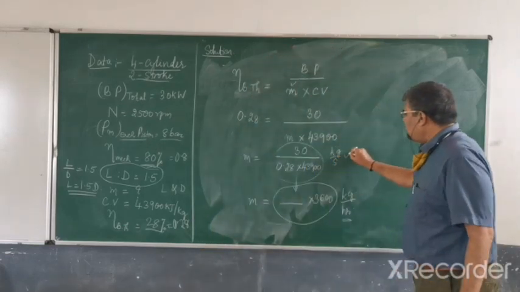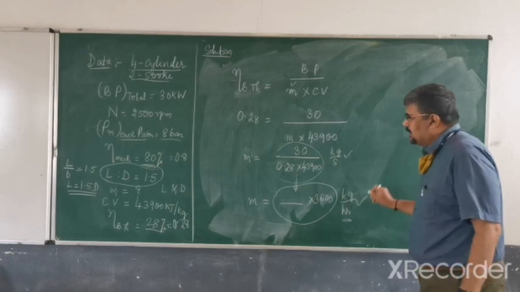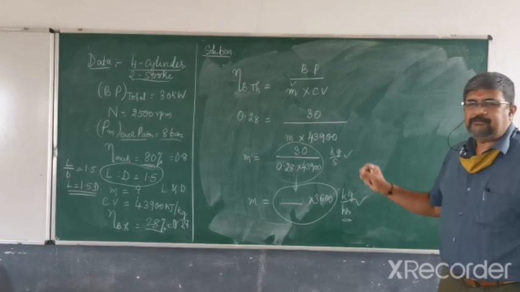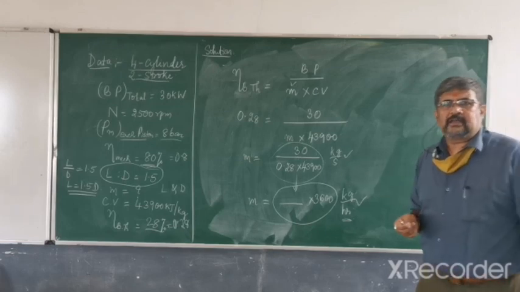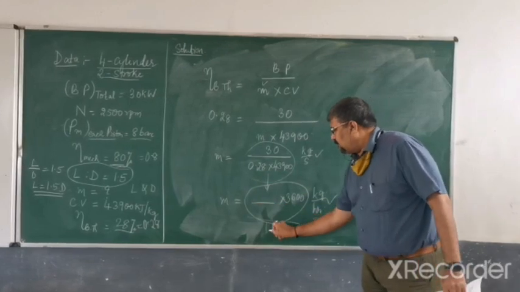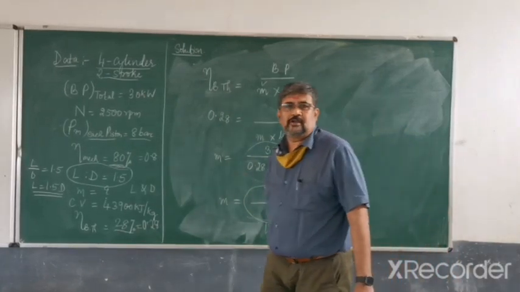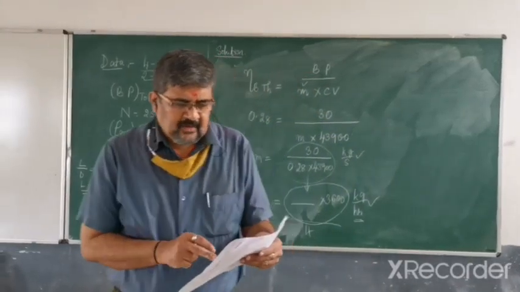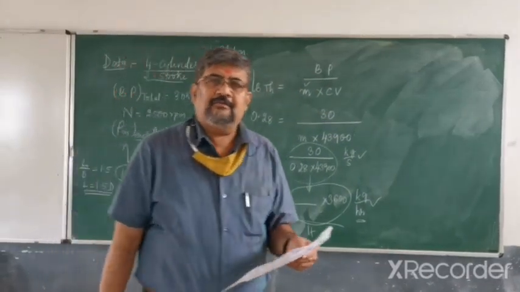So you can actually stop at this value. But you can also add one more thing, that the specific fuel consumption per cylinder is calculated by dividing this value by 4, because it is a 4-cylinder engine. Okay, so that is the solution for the fourth problem.